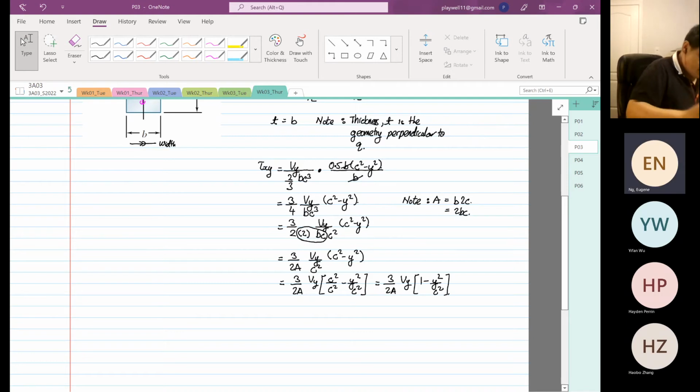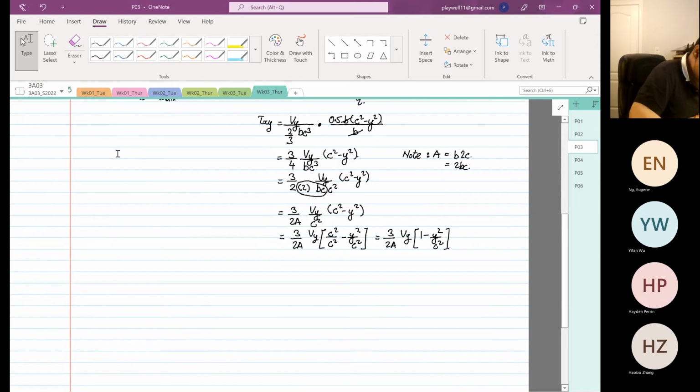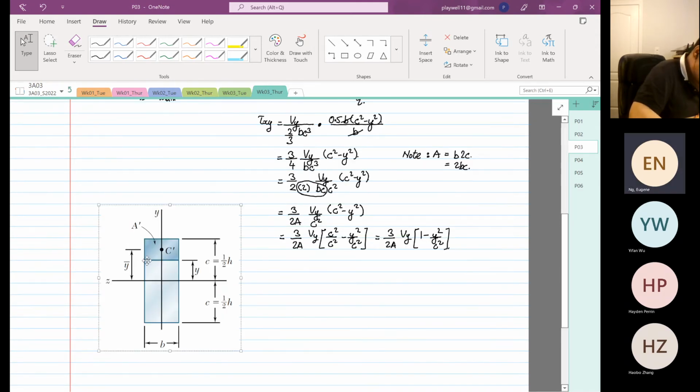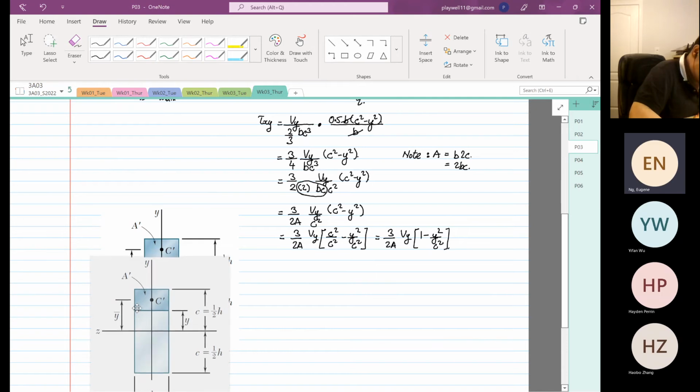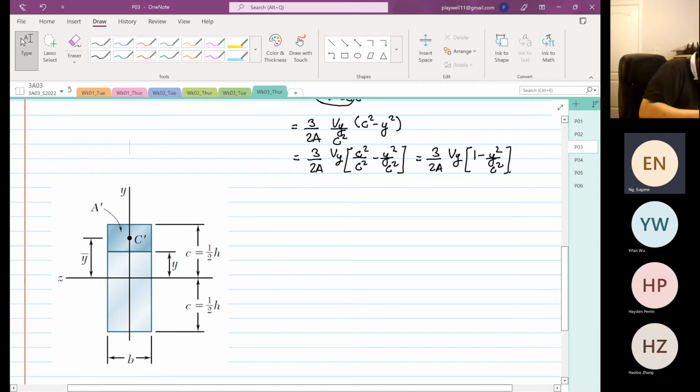So from here, what does this equation actually mean? Okay. So by looking at this diagram over here, we have derived the expression that the shear xy is equal to, now shear xy is a function of y, because y is your variable, yes or no, right?